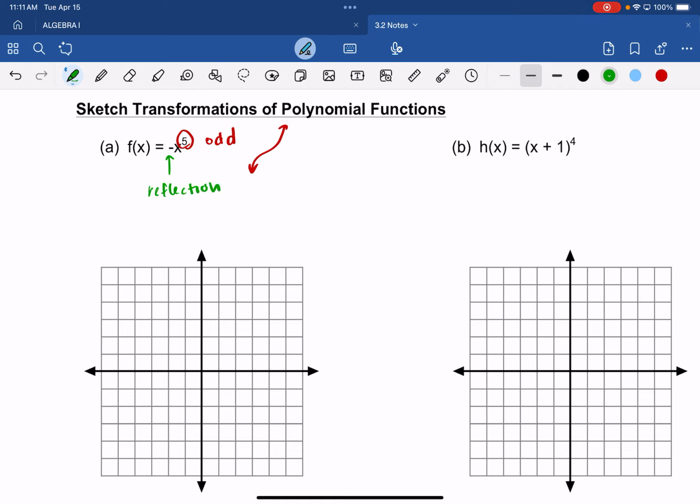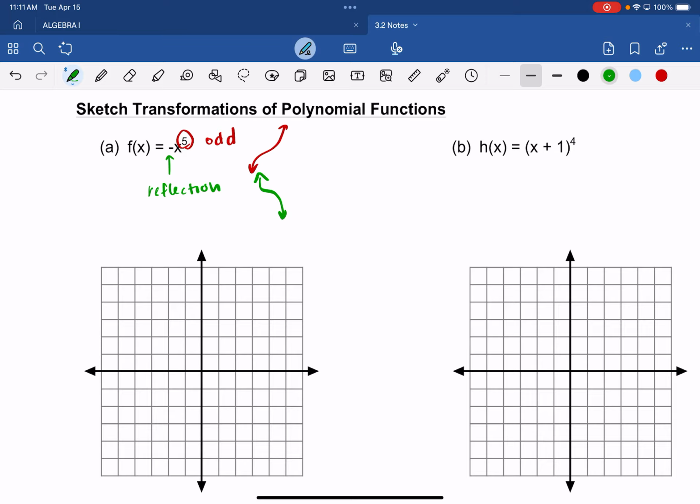So if it's similar to this, but I'm reflecting it, it's going to look something like that. We just reflect it. All I did was I took this and I reflected it. That's how I knew it turned that way.